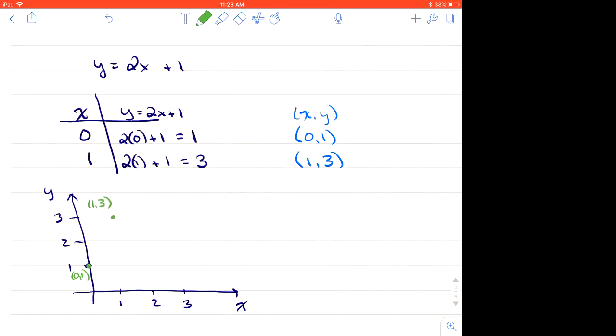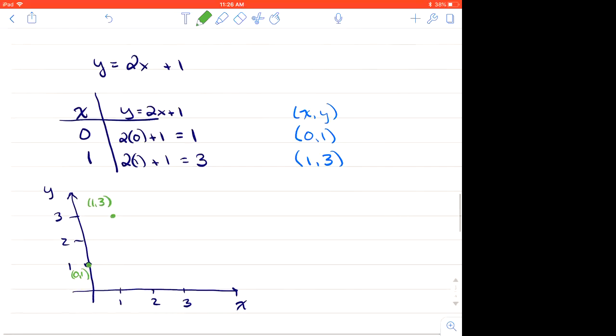So we've plotted our points. Now to draw this line, we just need to connect these two. And I just use any straight edge. Often I'll just kind of bend the paper over a bit, follow along. All right. So here, I'm just going to connect these and go.